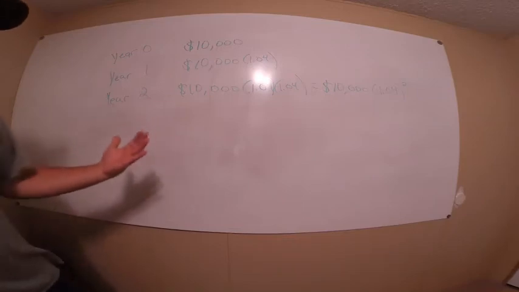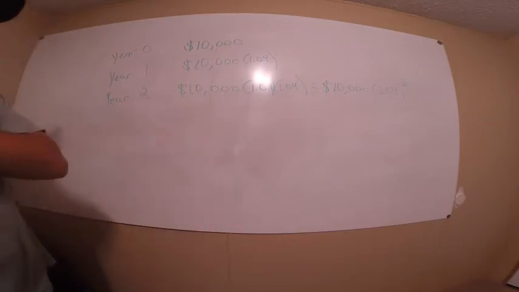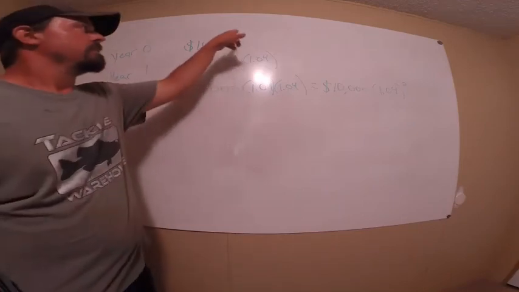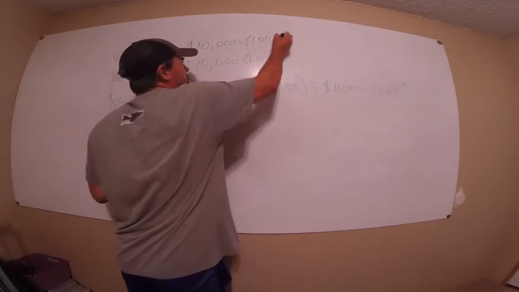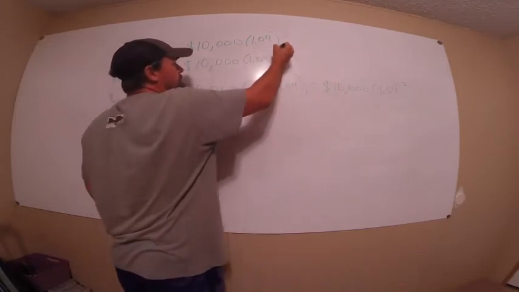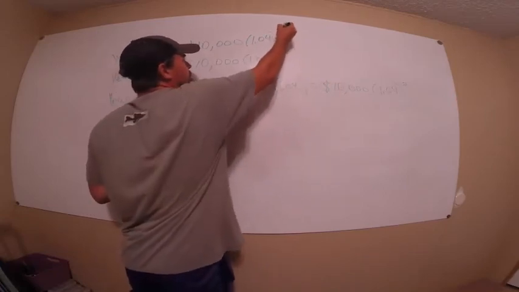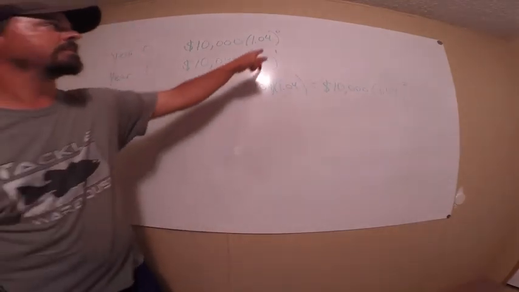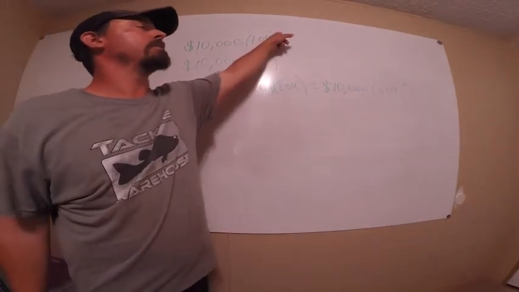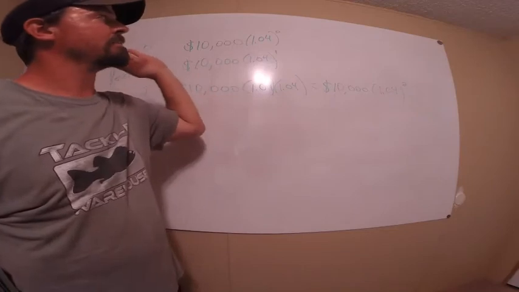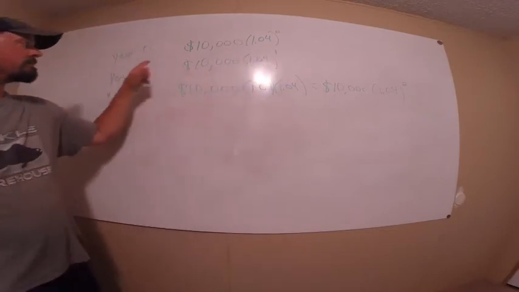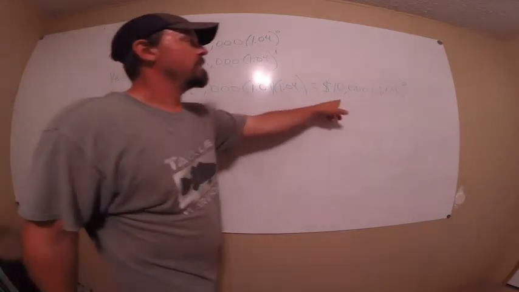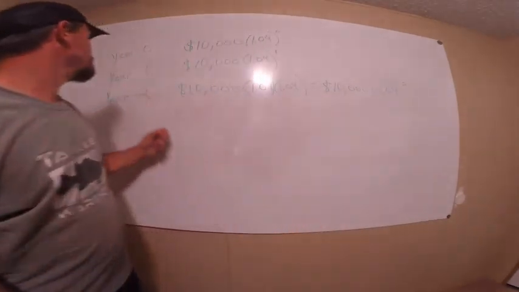So however many number of years after 2012, we don't know. But we want to find a formula for it. Okay. So if we think about this, make everything look the same. This has a 1 here. This has a 0 there. Year 0, 1.04 raised to 0 is 1. 1 times 10,000, 10,000. 1.04 raised to the first times 10,000 will give you year 1. 10,000 times 1.04 raised to the 2 gives you year 2.